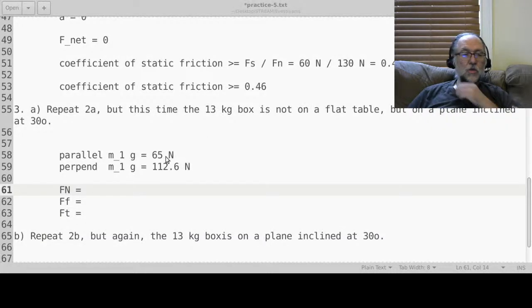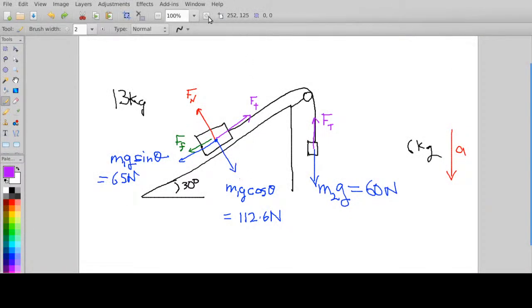Now, let's switch back to the diagram and see if we can identify any of these. Usually I do normal force next. Notice that if you're looking at motion perpendicular to the plane, there are only two forces involved: the normal force and the perpendicular component of gravity. Those two are competing against one another.